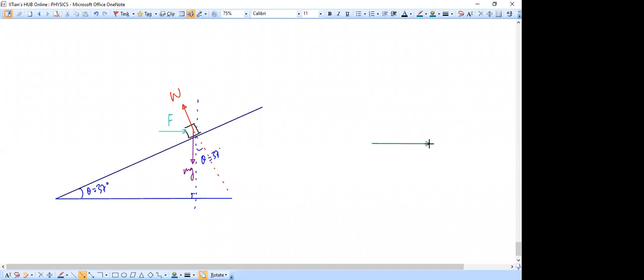F is acting at that point horizontally. Normal reaction is acting perpendicular to the inclined plane, and mg is acting vertically.